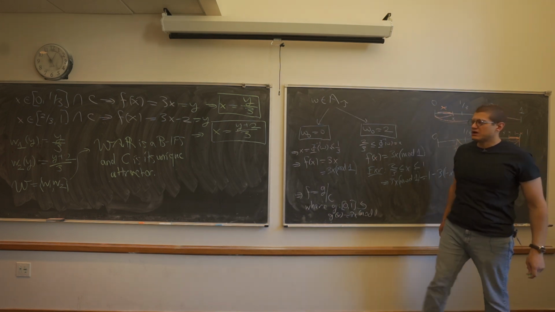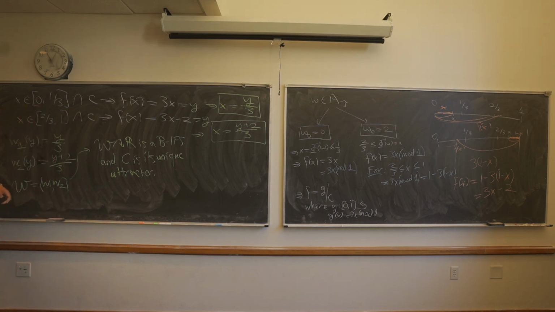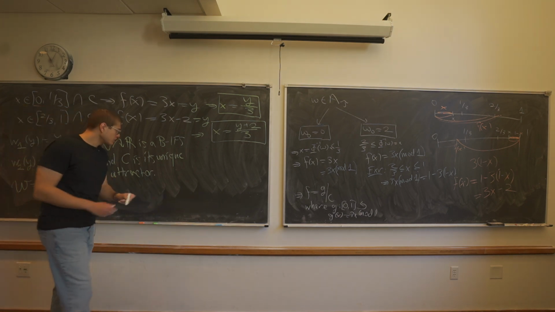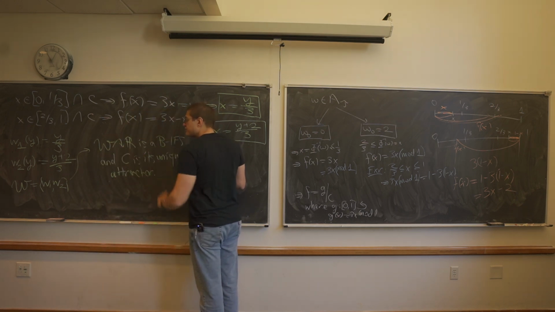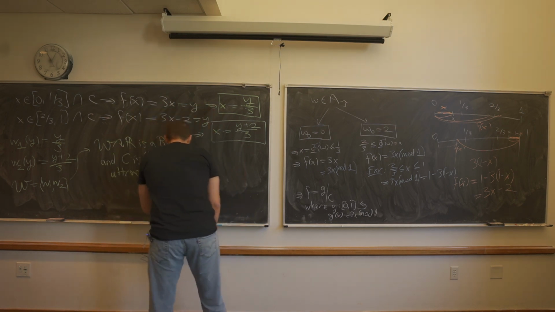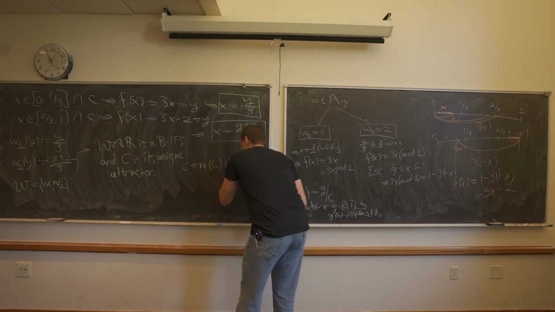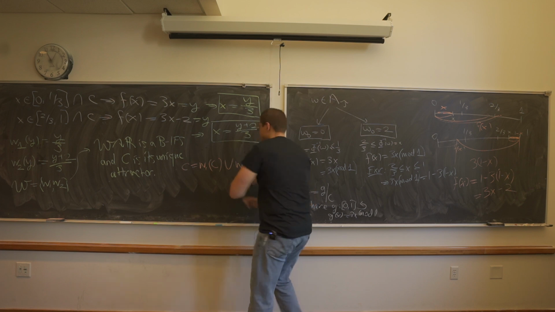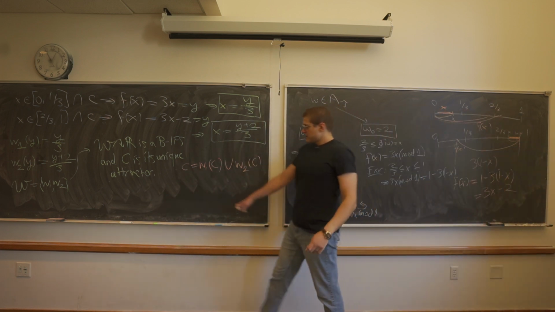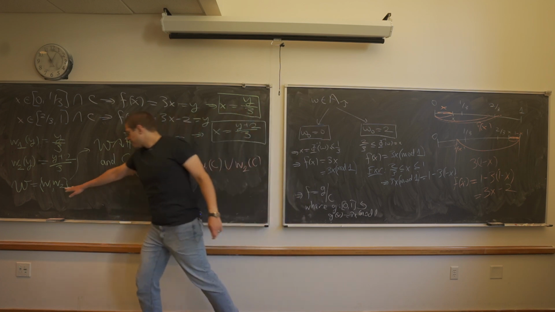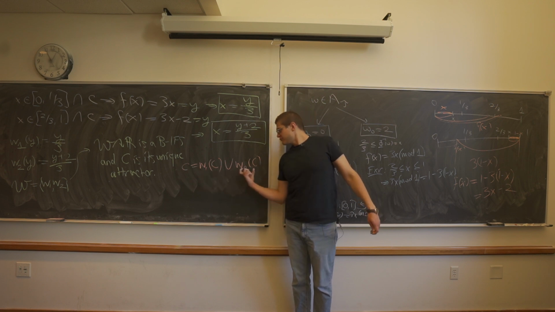Furthermore, this is not only a B-IFS, but what we're going to call a totally disconnected B-IFS, because of the following. What does it mean for C to be the attractor for this B-IFS? It just means that C has this expression, because the right-hand side is the Hutchinson operator. C is a fixed point of the Hutchinson operator. This particular B-IFS is totally disconnected because not only this happens, but in fact, these two pieces are disjoint.